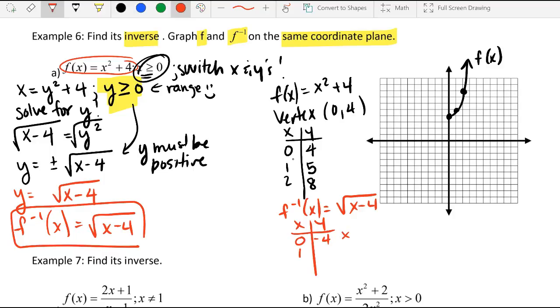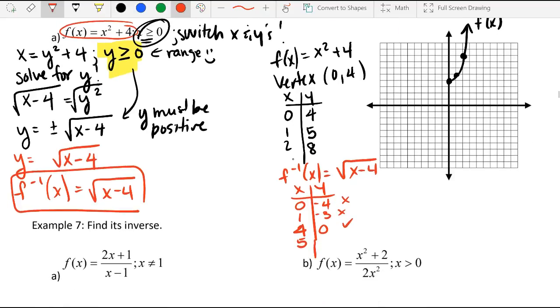I can't pick 1, because that's going to be a negative 3. Can't have that either. The smallest value I can pick is 4. So 4 minus 4 is 0. Good. The next nice number I'm going to pick is 5. 5 minus 4 is 1. Square root of 1 is 1.